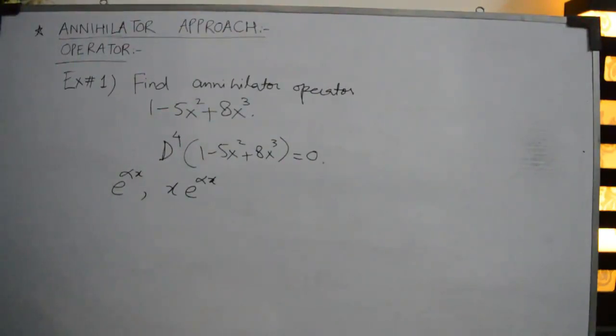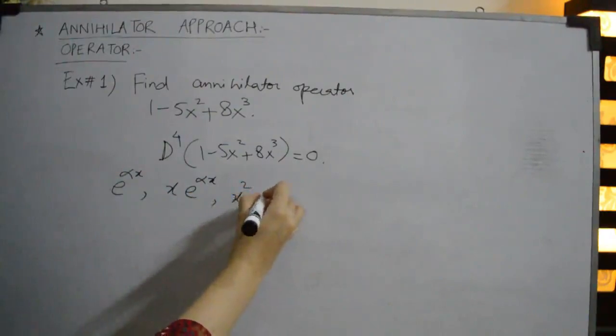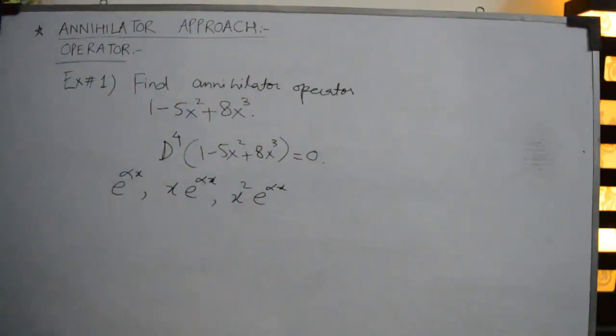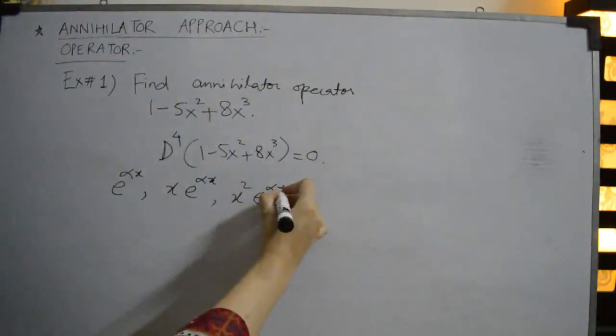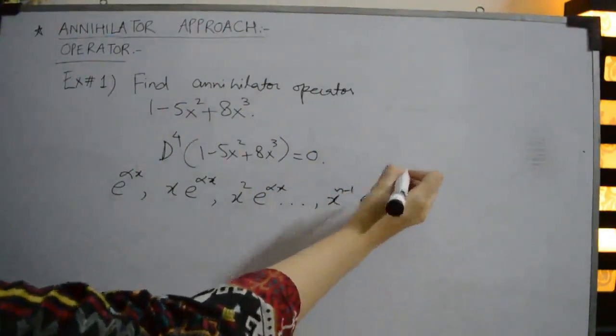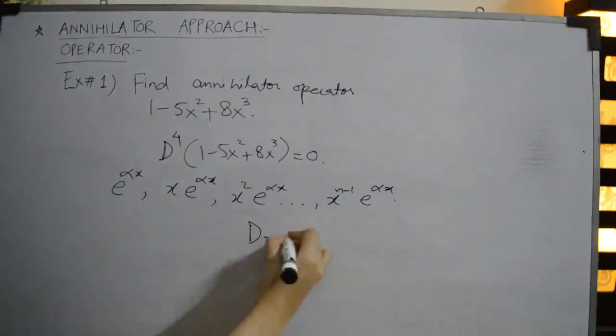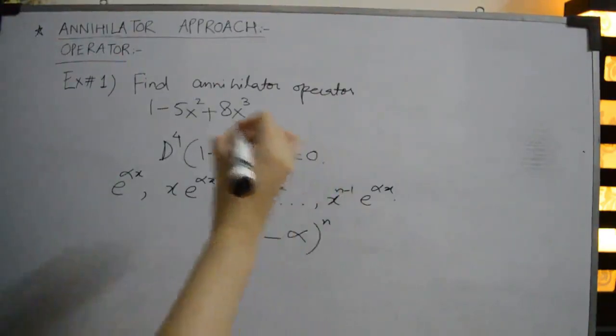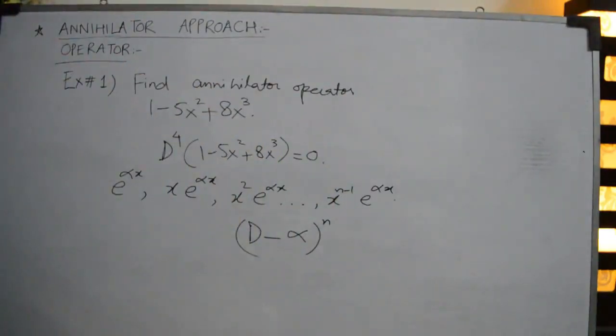So if you have these types of functions like x square e to the power alpha x and so on, up to x to the power n minus 1 e to the power alpha x, then d minus alpha to the power n annihilates each of the functions. So its annihilator operator is d minus alpha to the power n.